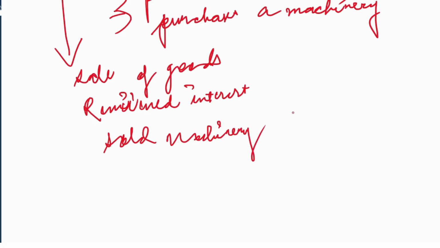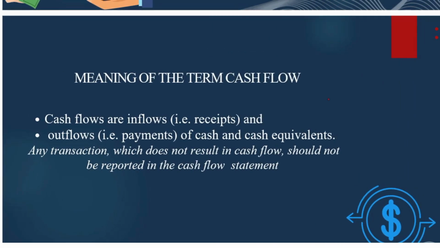So these are your cash inflows, because you have received the money. So the cash inflows are the receipts, and cash outflow is basically the payment that you're making.